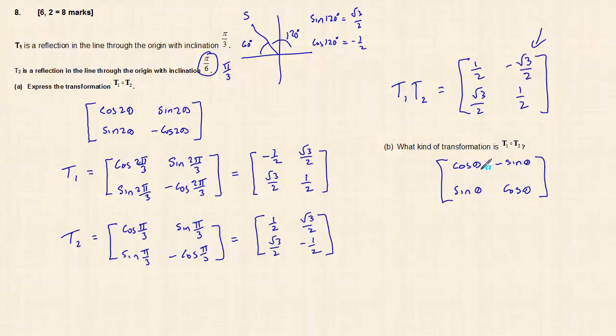And we know that the cosine of pi by 3, or 60 degrees, is a half, and the sine of pi by 3 radians, or 60 degrees, is root 3 over 2. So that would fit with this. So that's going to be a rotation of 60 degrees about the origin.